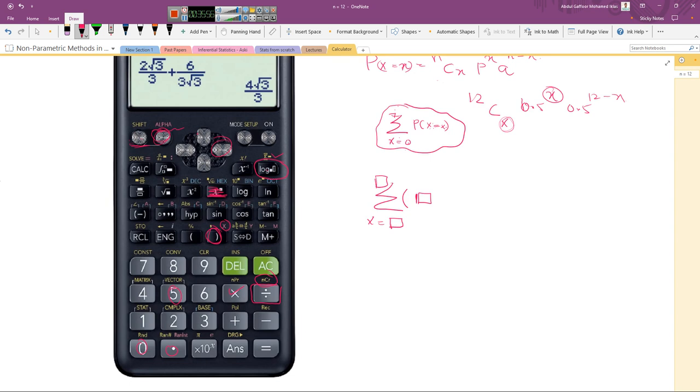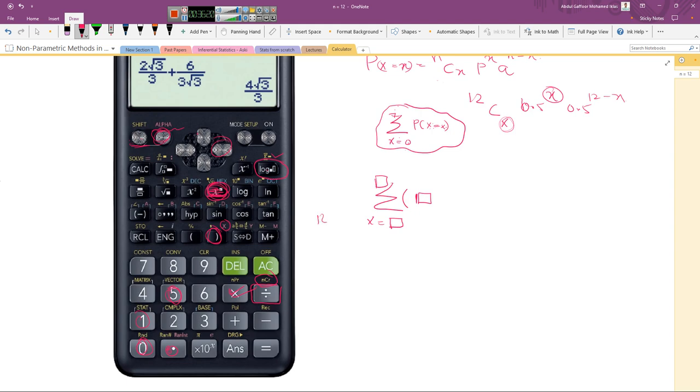Again the multiplication symbol, this one, and then we have to press again 0.5 power n minus x, so that is 12 minus x. After pressing 0.5, press this one in order to type the exponent.